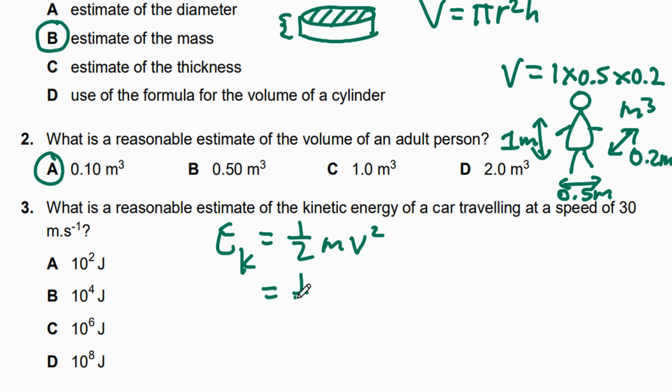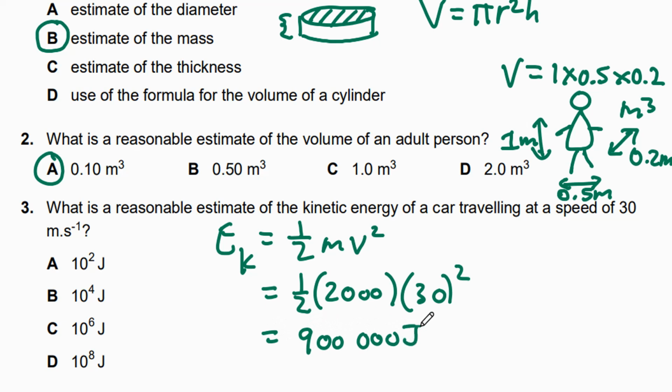We also need to know the estimate of the mass of a car, and that is 2,000 kilograms. And of course the speed is 30. We can do this on a calculator and it comes to 900,000 joules. Of course we can rewrite this as 9 times 10 to the 5 joules.